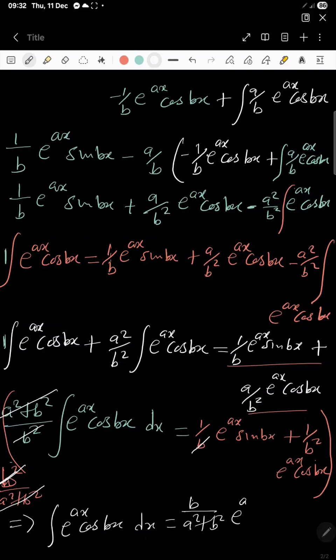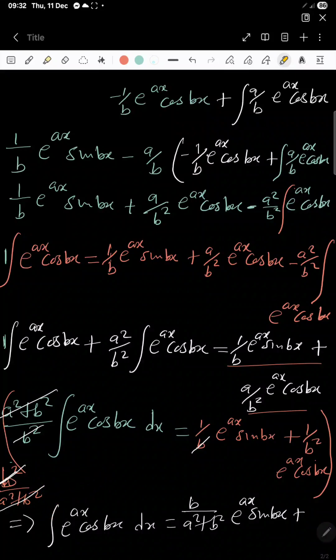Then e to power ax sine bx plus, we do the same to this part here. As you can see, the b squared and the b squared on top go, and you remain with only a 1 on top over a squared plus b squared.